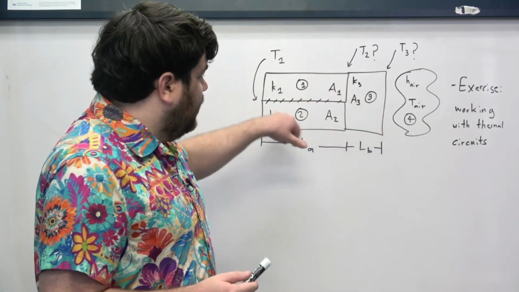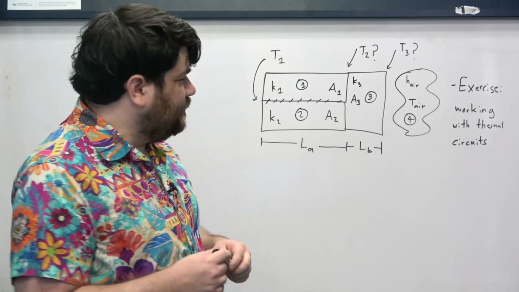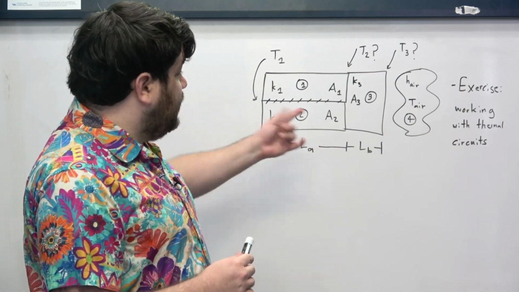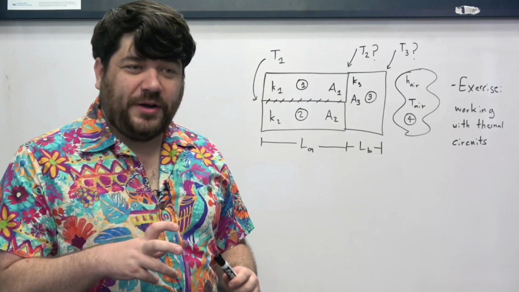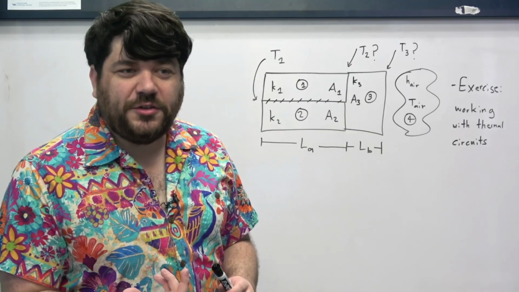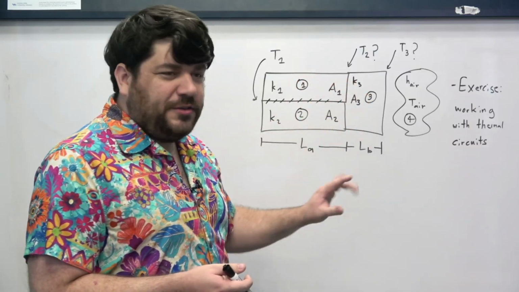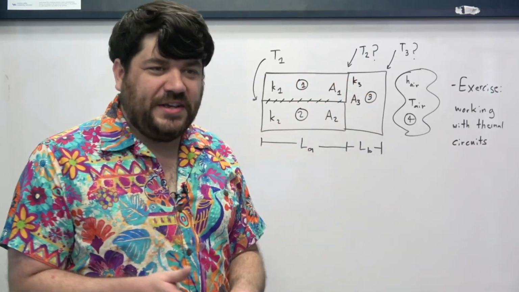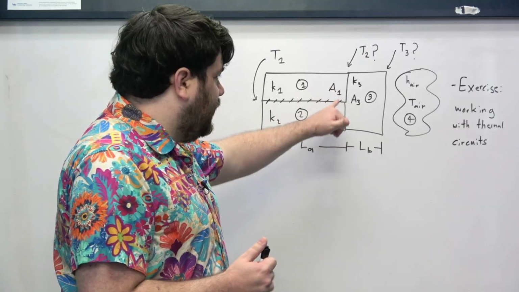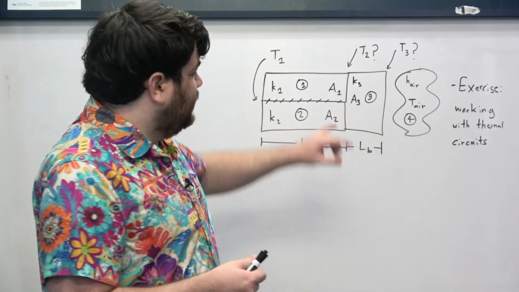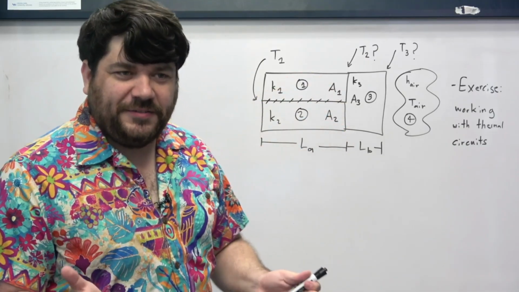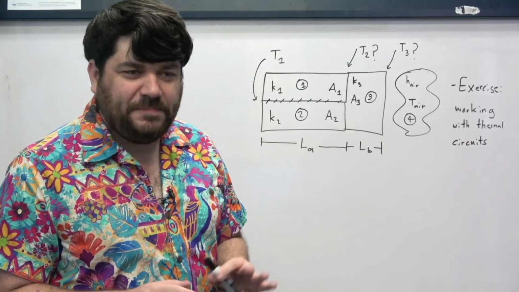And these thermal conductivities could all be different. And then we can see that each of these little slabs also has a distinct cross-sectional area, right? So from the way that this is constructed, the area A3 has to be the sum of the area A1 and A2, but these two areas could be anything that satisfies that criteria, okay?